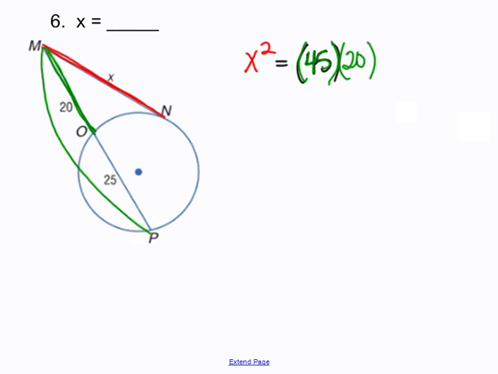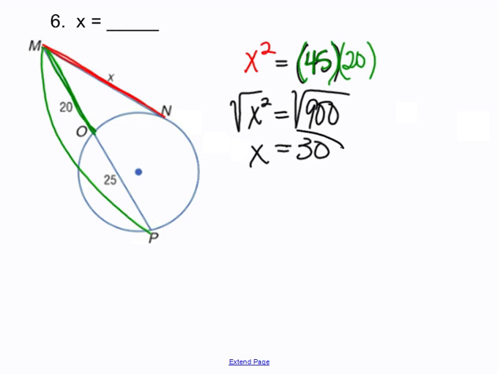So then I end up with 20 times 45, which is 900. And I square root both sides, and I get x equals 30.